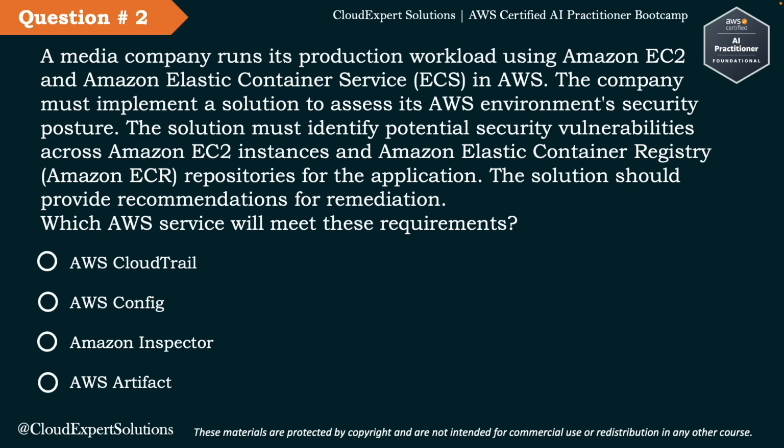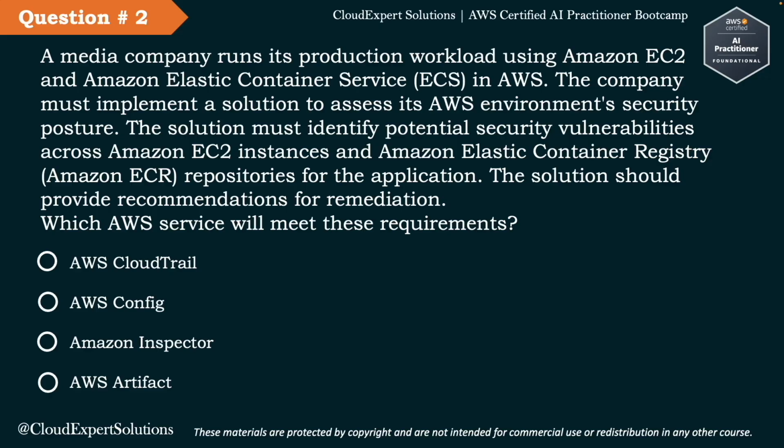Question number 2 is saying, a media company runs its production workload using Amazon EC2 and Amazon Elastic Container Service or ECS in AWS. The company must implement a solution to assess its AWS environment security posture. The solution must identify potential security vulnerabilities across Amazon EC2 instances and Amazon Elastic Container Registry or Amazon ECR.